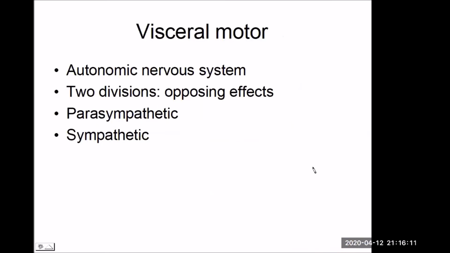And again, we've already touched on the fact that there's generally these two major parts of the visceral motor division, sympathetic and parasympathetic. And overall, they have opposing activities. And as an example, one would slow down the heart rate in the case of parasympathetic, and the opposite, sympathetic, would speed up the heart rate.